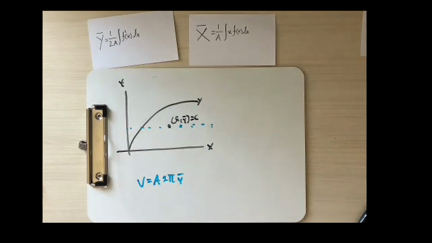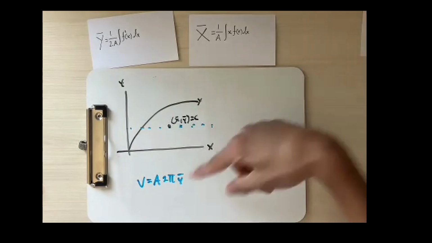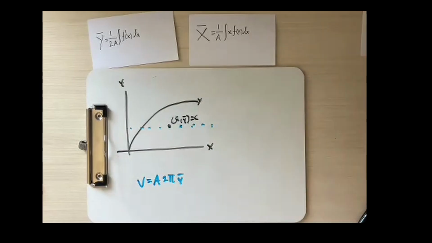So that's a cool application. If you're trying to figure out surface area of something to paint or volume of a strange shape for manufacturing purposes, that can be pretty useful. You will see this come up in statics once again, for sure, and somewhere else too.